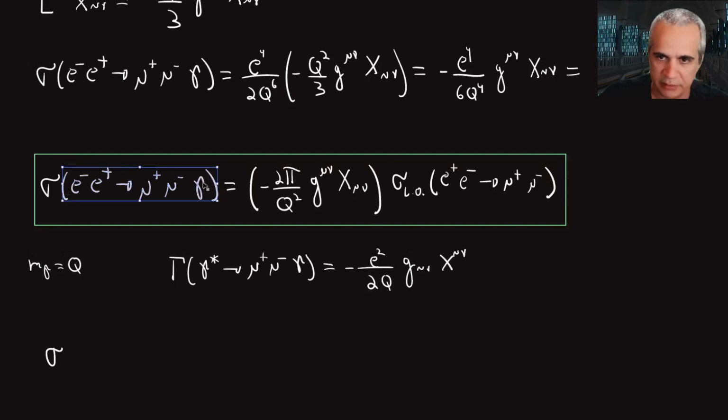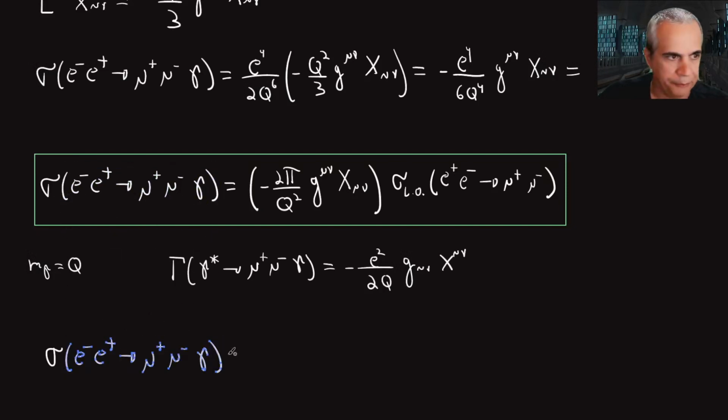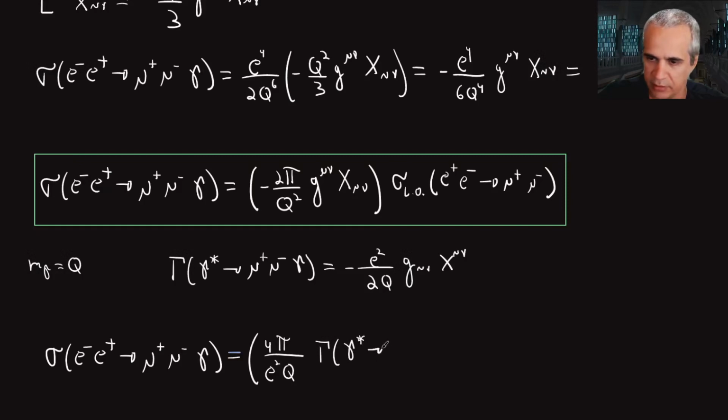And using that, I can rewrite this expression as the following. Let me copy this here. I just have to arrange the factors in order to make these appear. This will be 4 pi over e squared Q times Gamma of gamma star going to mu+ mu- gamma, right? All the integration in phase space for these final three states is inside the X mu nu here. And then I have the sigma leading order here.